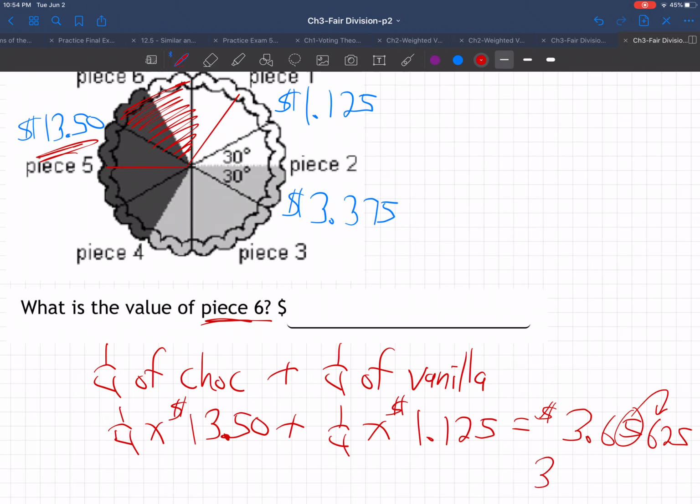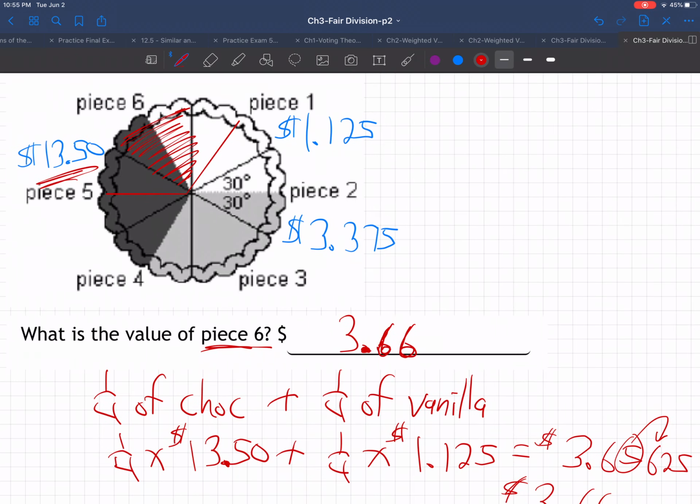Look one to the right, 5 or more goes up. $3.66 is what it's closest to. So that chunk would be worth $3.66. Piece 6 would be worth $3.66 to Wendy. There we go.